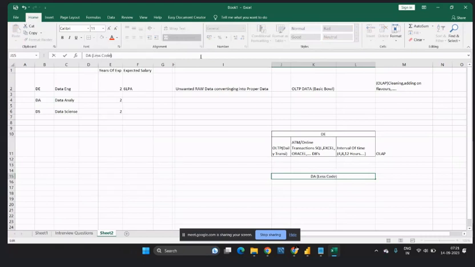Data engineering, more code, versus more money. Whoever does more hard work will get more money. Okay. Data analytics, less code versus less money.